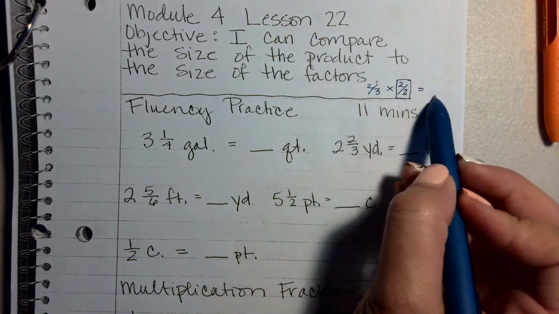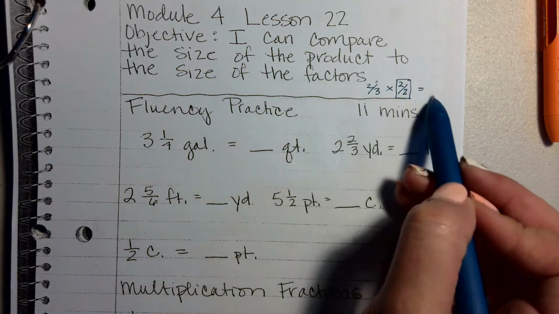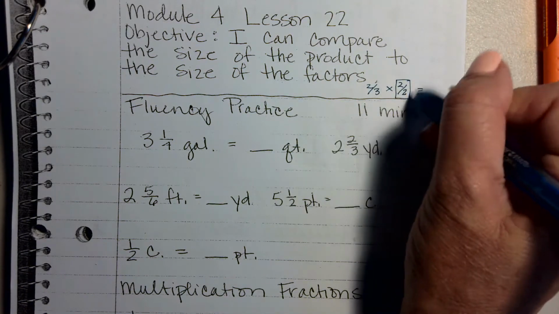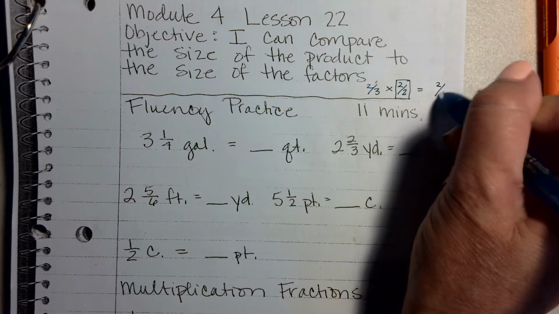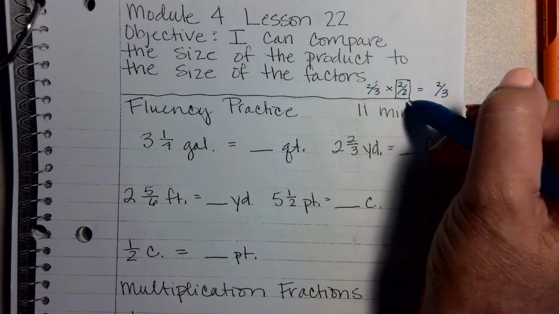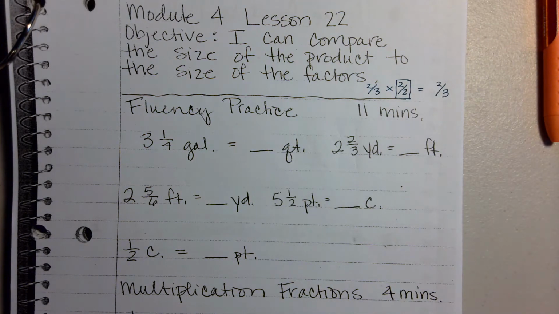So I'm really multiplying by 1, and I still get 2/3. Even though it's 4/6, 4/6 reduces down to 2/3. So it's just renaming that fraction, or creating an equivalent fraction.